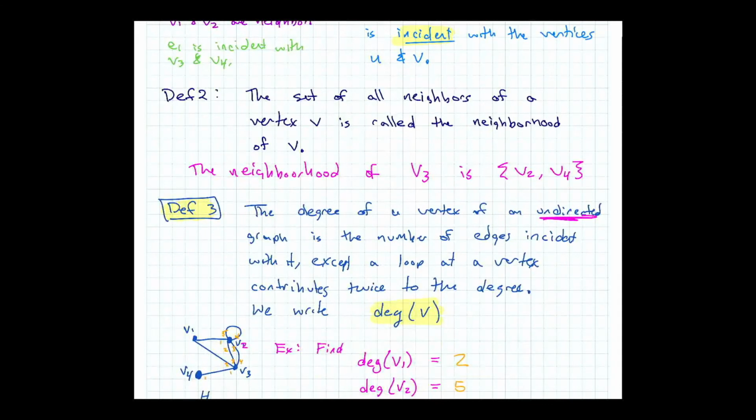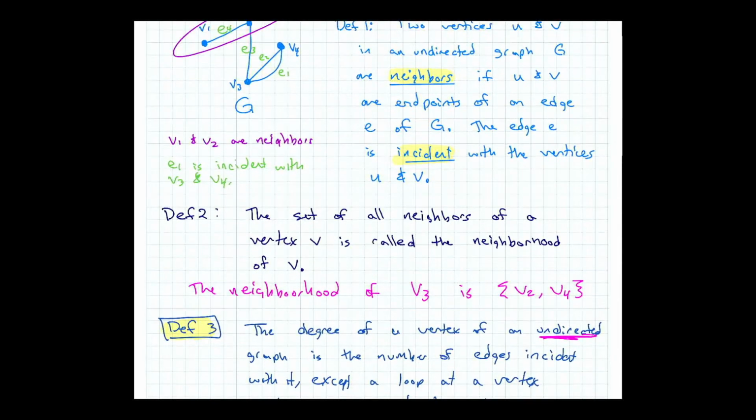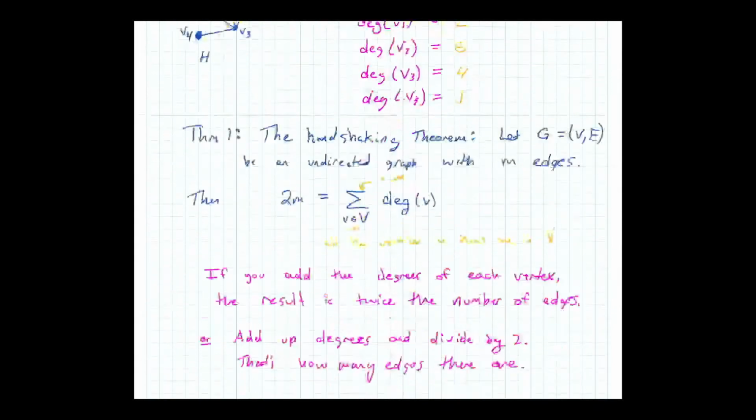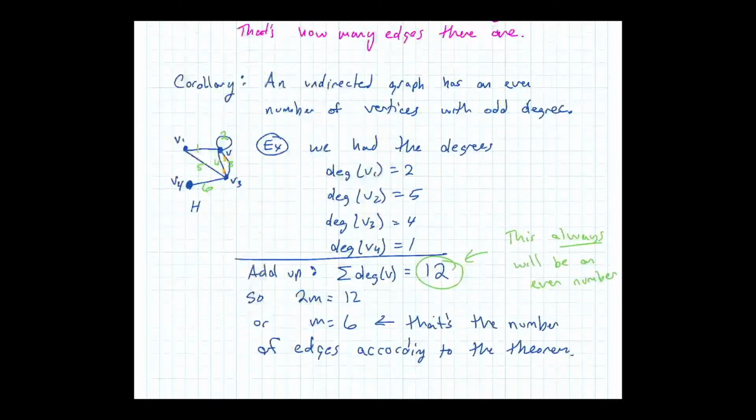You can have a neighborhood, which is all of the vertices that are adjacent to a particular vertex. So you can say the neighborhood of V3 is V2 and V4, because on the graph, V3 is here, and it's adjacent to V2 and V4. They're right here. And so on.